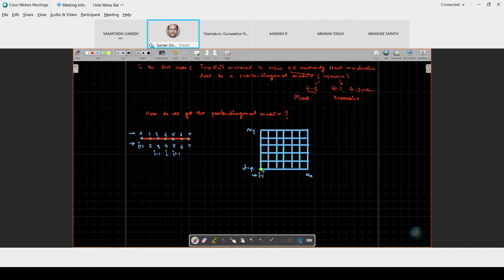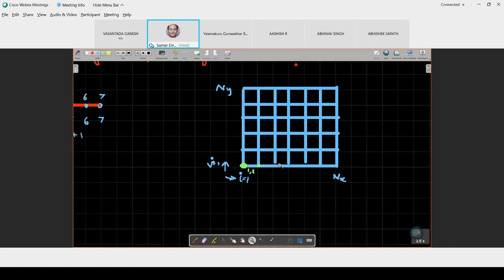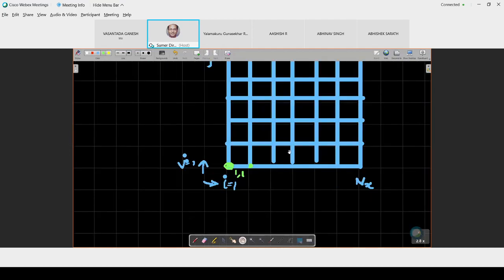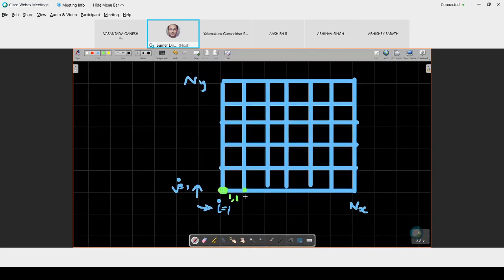This particular node has index 1 comma 1, that is i equals 1, j equals 1. Then the next is 2 comma 1, this is 3 comma 1, this is 4 comma 1, 5 comma 1, 6 comma 1, and this is nx comma 1.